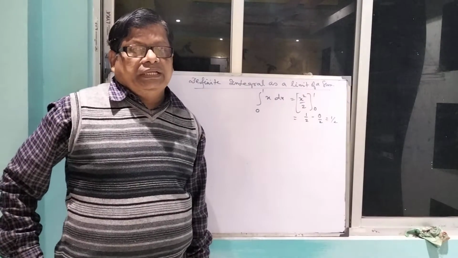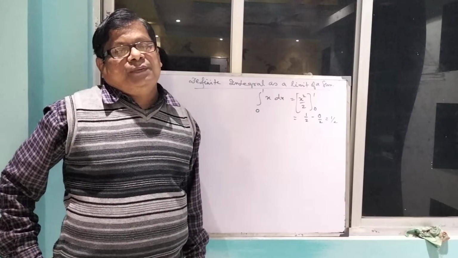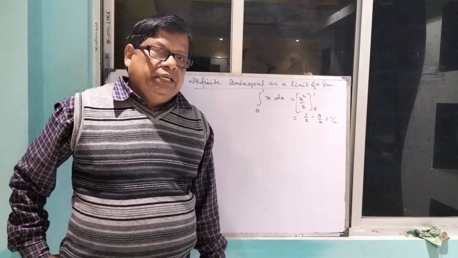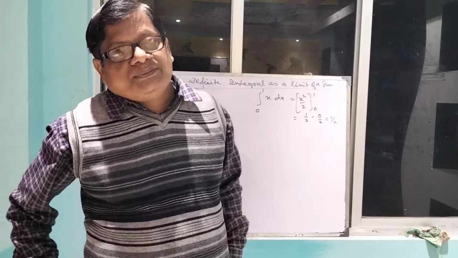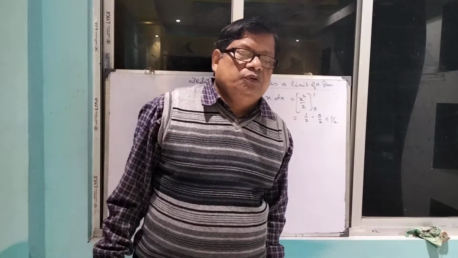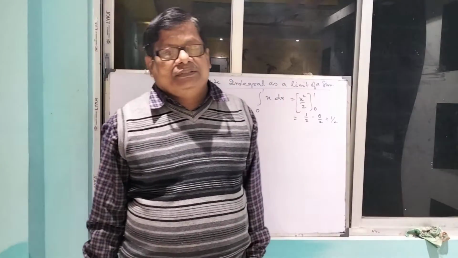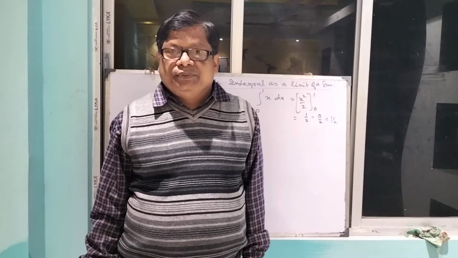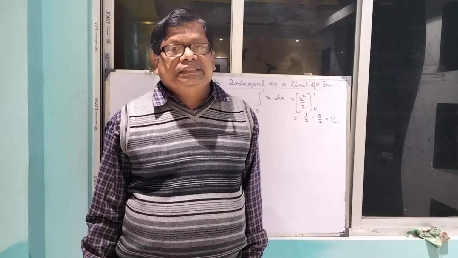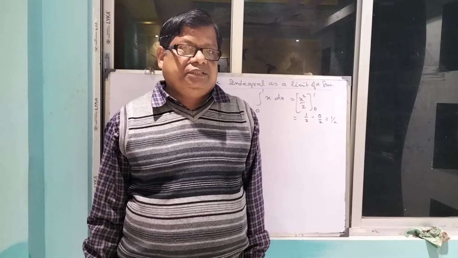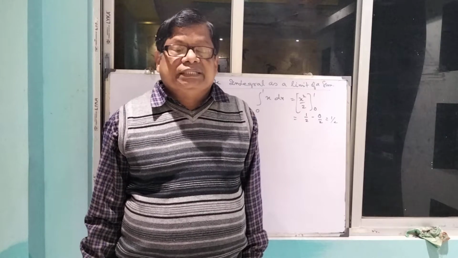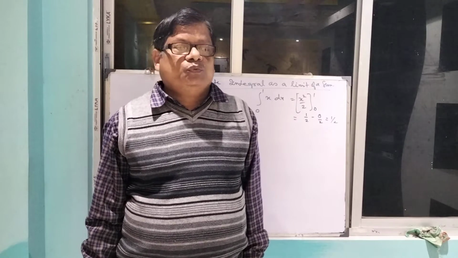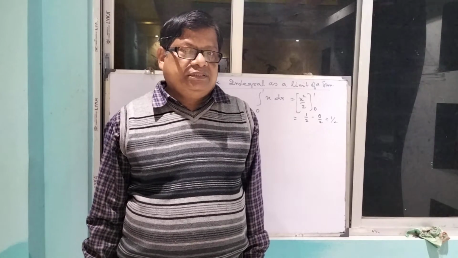Fundamental theorem of integral calculus. If f(x) be a single valued and continuous function in the finite closed interval [a, b], then there exists a new function, suppose phi(x), such that phi dot x equal to f(x).